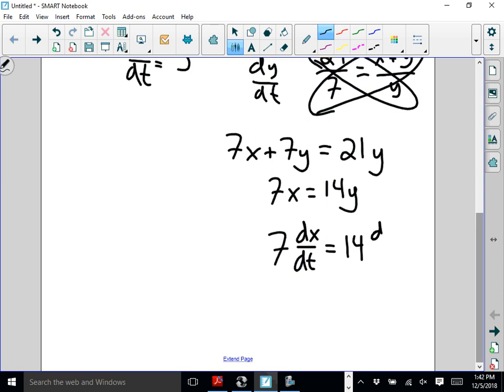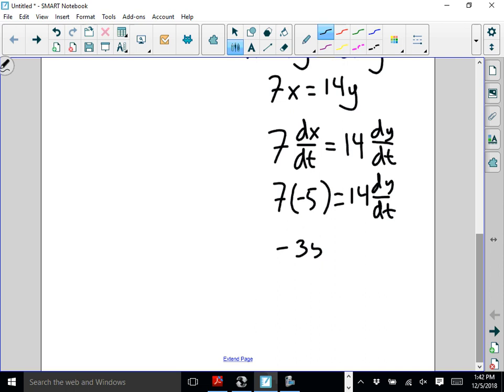The nice thing is, both x and y go away, so I don't need to know what they are, which is fantastic. Now I can just sub in for my dx dt, which I determined was -5. So I get -35 over 14 equals dy dt, which simplifies.